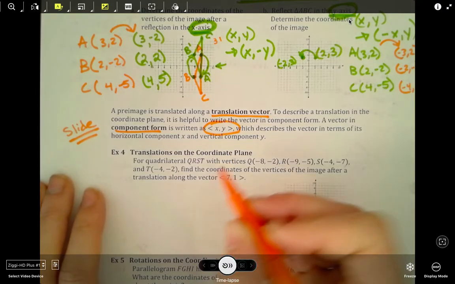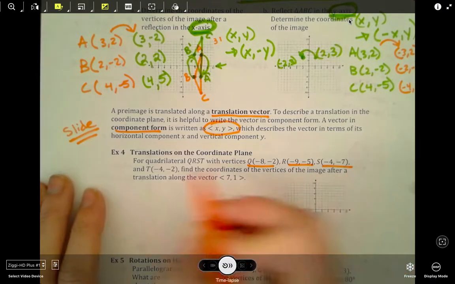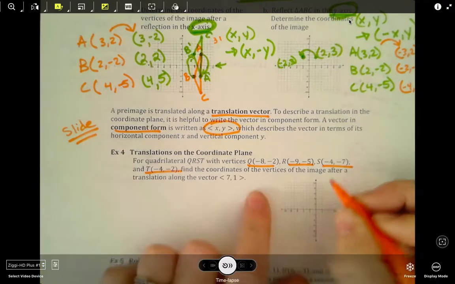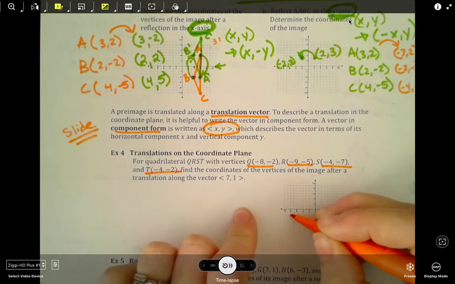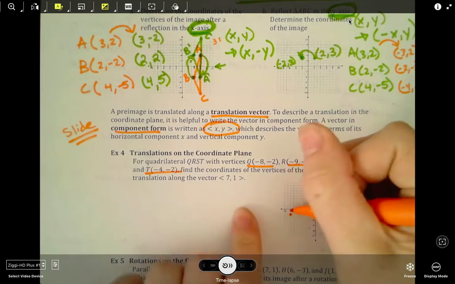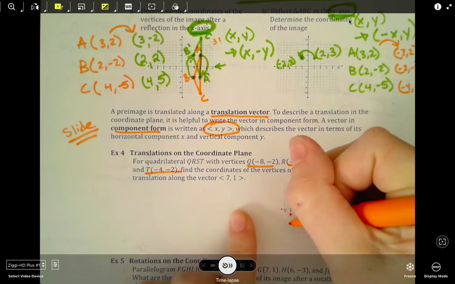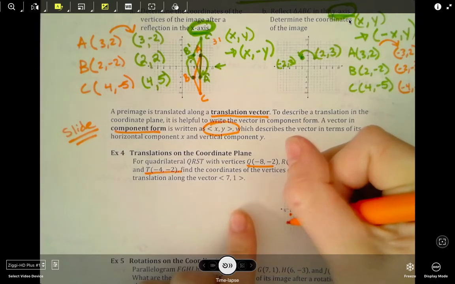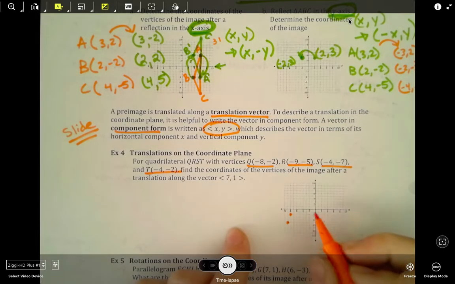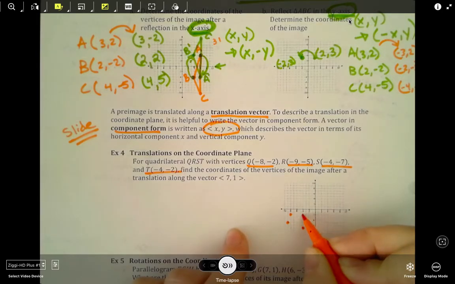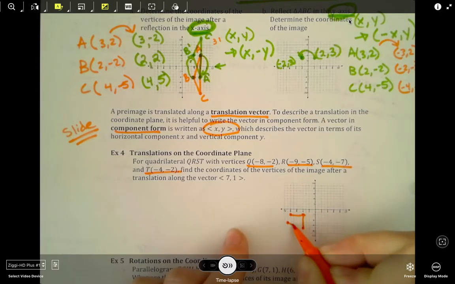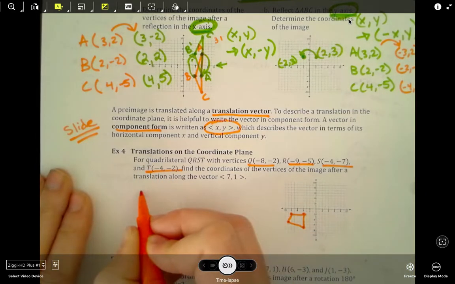So here we have these coordinates, Q, R, S, T, okay? I'm going to plot Q, R, S, T, and I'm not going to go by 2's this time. Negative 8, negative 2, negative 9, negative 5. Oh boy, I'm very bad at this. Negative 4, negative 7, and negative 4, negative 2. It looks like this. And I'm going to write them out over here.